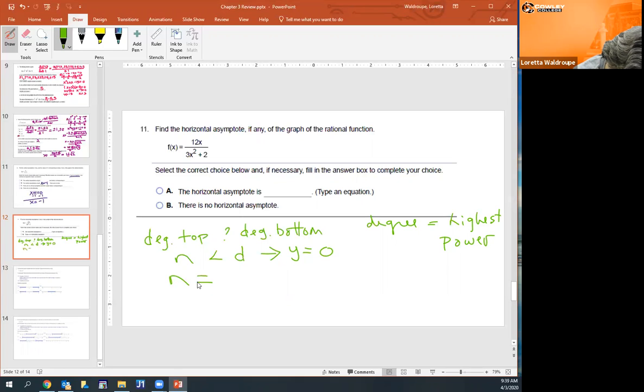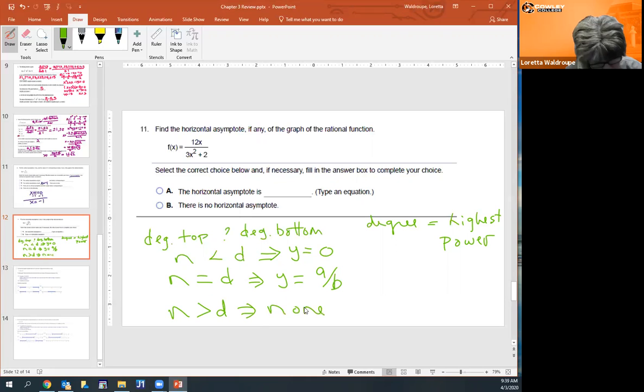If your numerator is the same as the denominator, then your horizontal asymptote is y equals a over b, where a and b are the coefficients of your terms. And if the numerator is greater than the denominator, there is no horizontal asymptote.